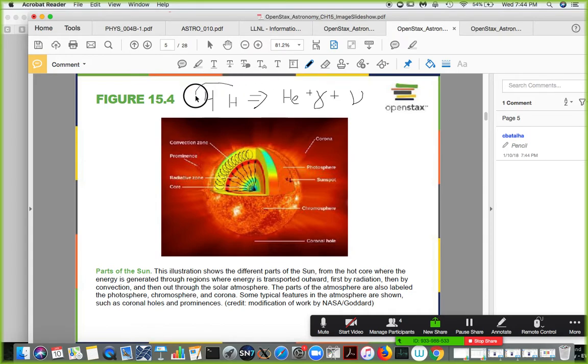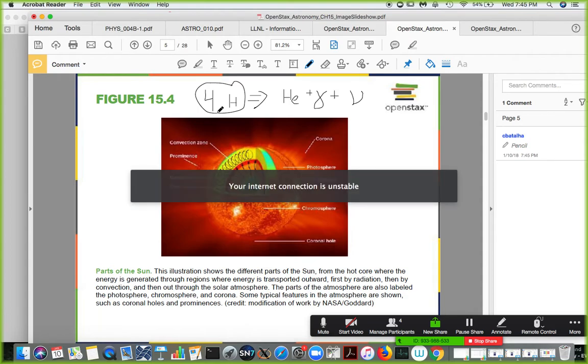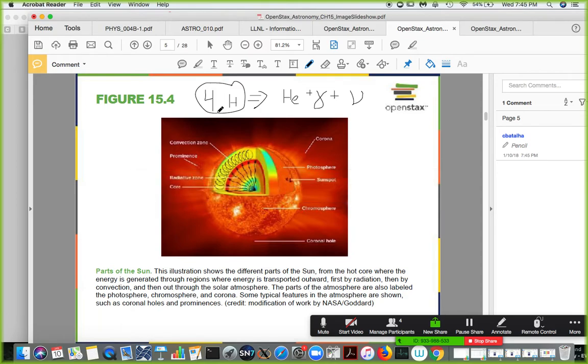So fusion reaction is the result of what? If you take four atoms of hydrogen, which are primarily four protons, and you merge them together, because you exert enormous pressure in the core of the sun at high temperature, 20 million kelvins, then they will fuse together in a process.